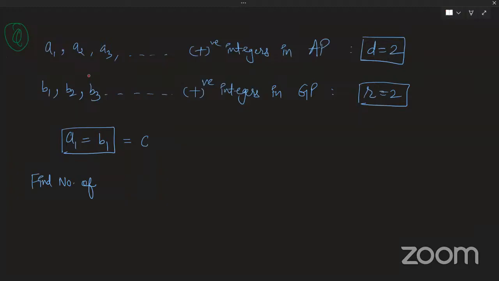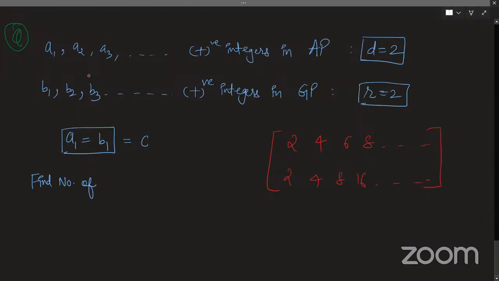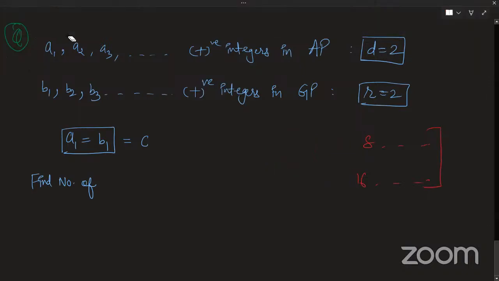A counter example means an example opposing your answer. So I have my AP as 2, 4, 6, 8, something like this, right? So I can have my GP as 2, 4, 8, 16. So this is a counter example. Why can't it be the case? I hope you have your point.